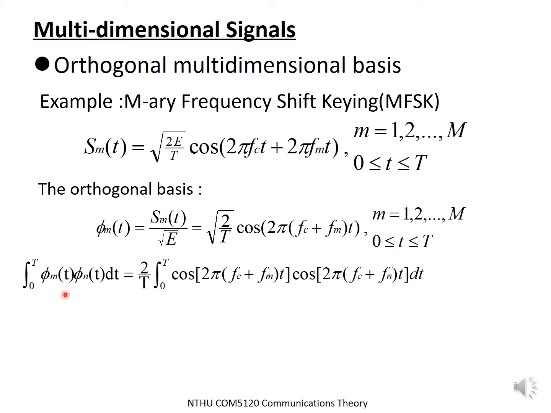So let's take the inner product of any two bases, phi_m(t) and phi_n(t). Phi_m(t) is cosine 2 pi (fc plus m delta f) t, and phi_n(t) is cosine 2 pi (fc plus n delta f) t.